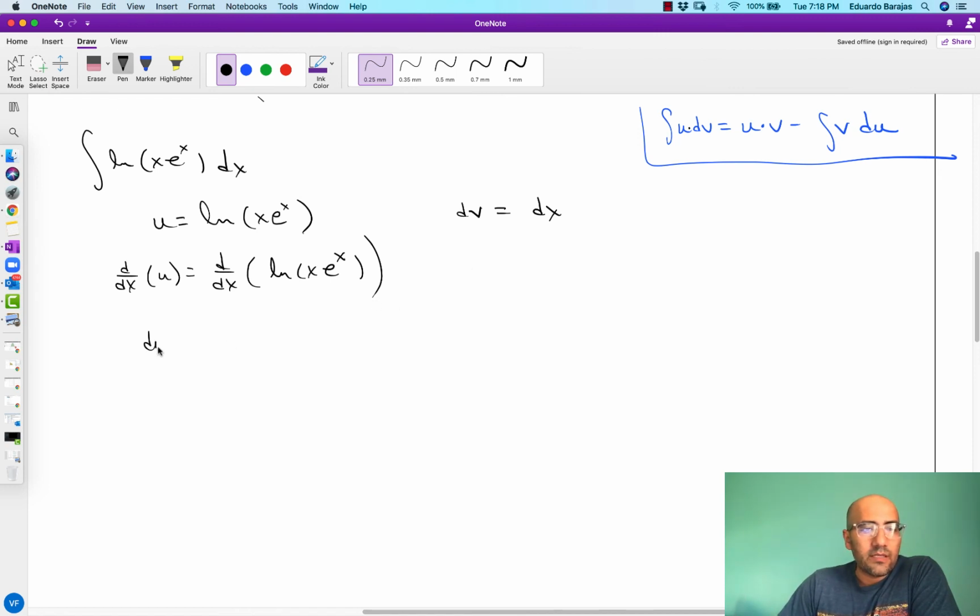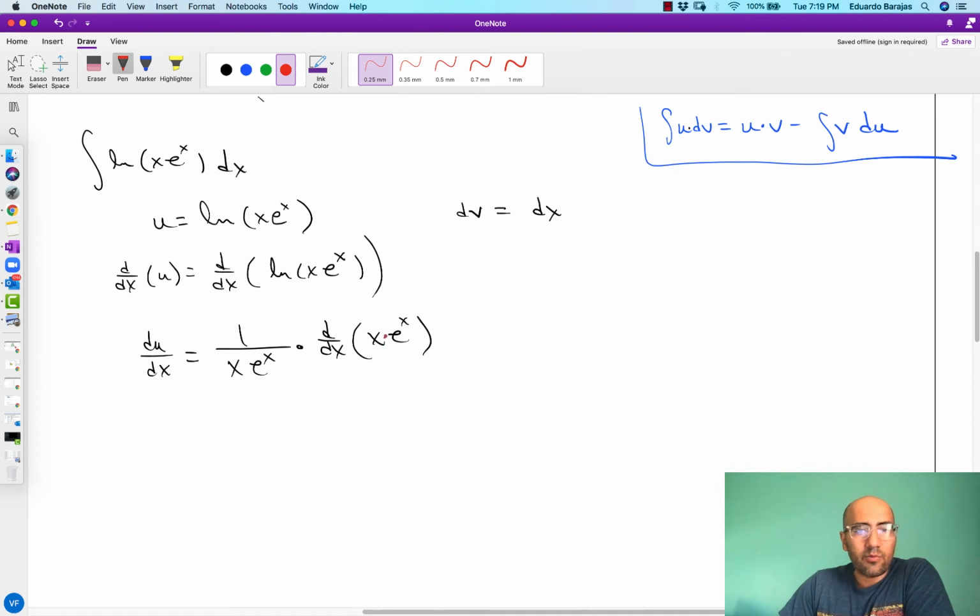Remember, the derivative of the log function puts it all underneath 1, so 1 over x e to the x, times, by the chain rule, the derivative of the inside part, x e to the x. And that in itself is going to be a product rule.